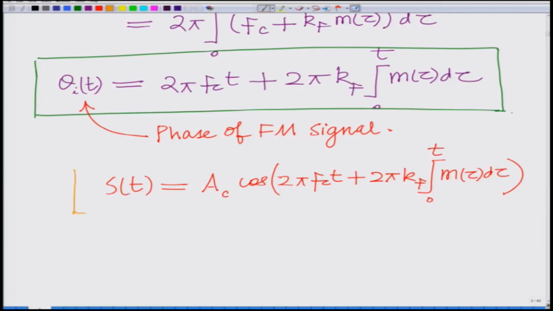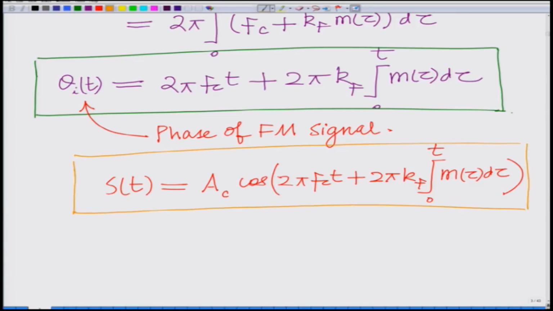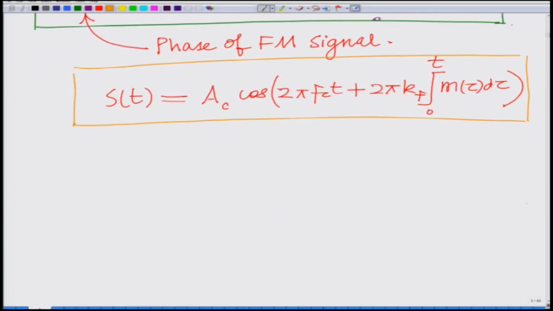This is your frequency modulated signal. Okay. So, this is the expression for the FM. So, s(t) is your frequency modulated signal.